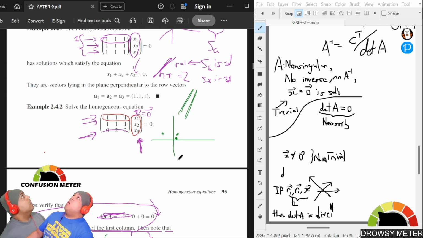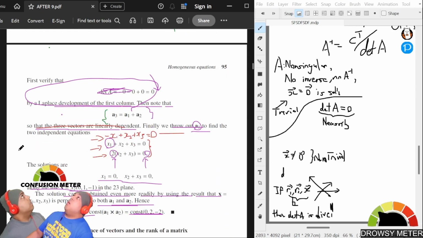Okay, what if I didn't care about this equation instead? I would be left with minus x1 plus x2 plus x3 equals 0, and 2x2 plus x3 equals 0.